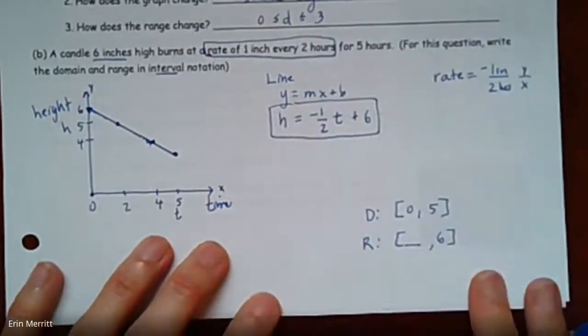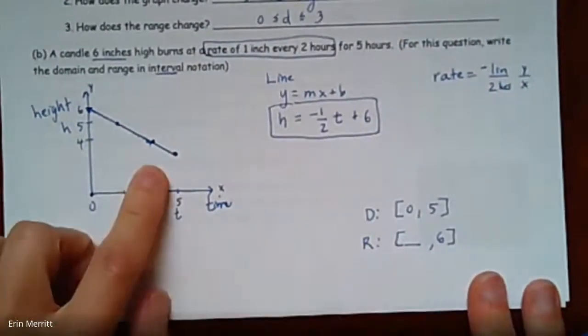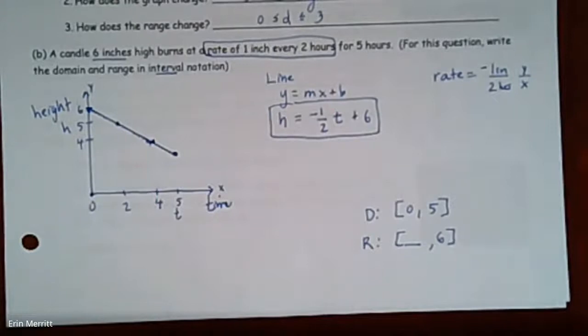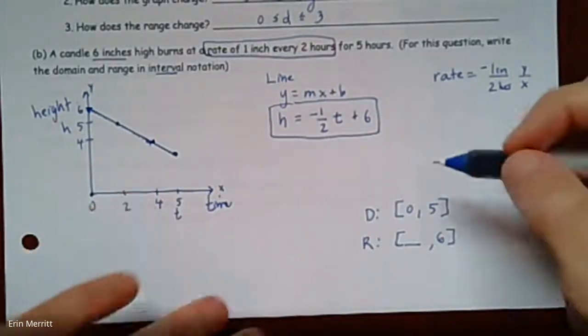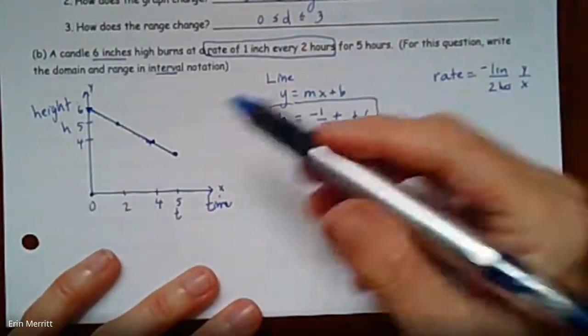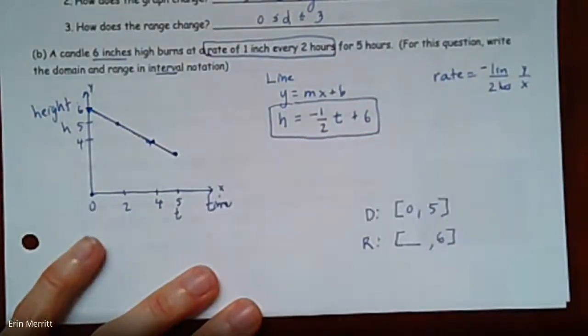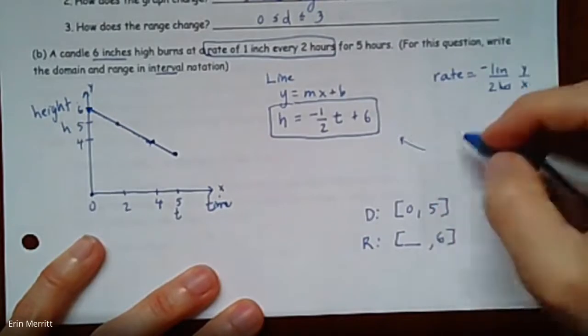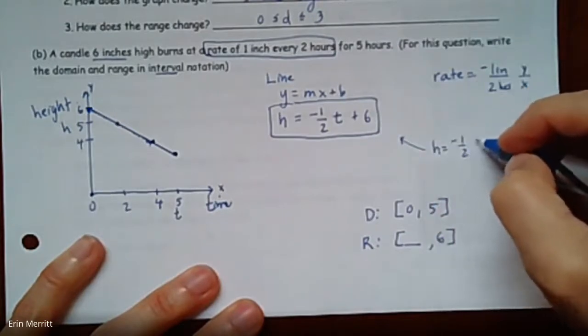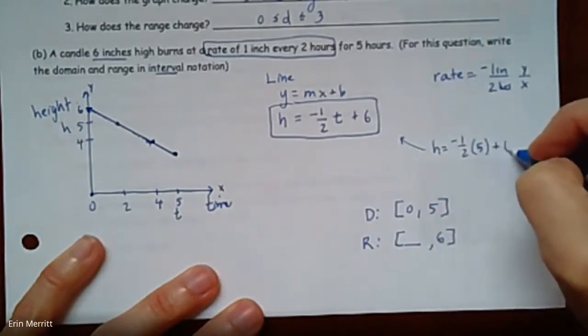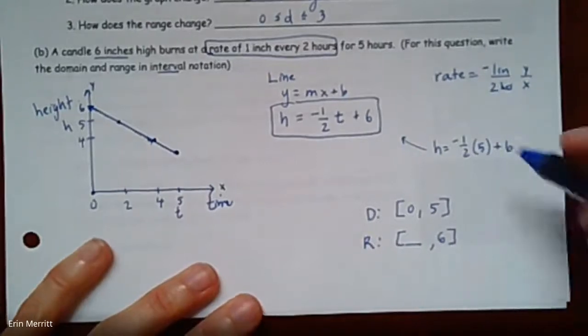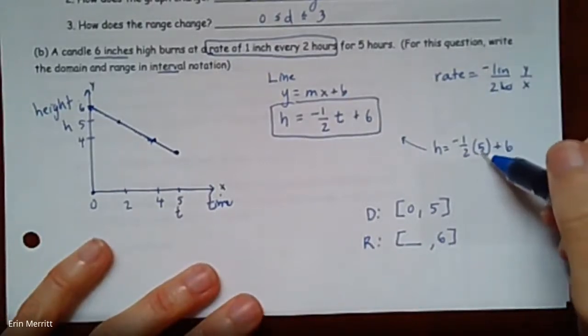So now when you come back to answer the range, if you can't tell from the graph or if you're not 100% certain, you can actually plug in, right? So what would we be plugging in? Well, we want to know what's the corresponding height when x, or the t value, is equal to 5. So I can kind of off to the side here say, all right, what's the height when we plug in 5 here? And then calculate it from there. So negative 1/2 of 5, so that's 2.5.